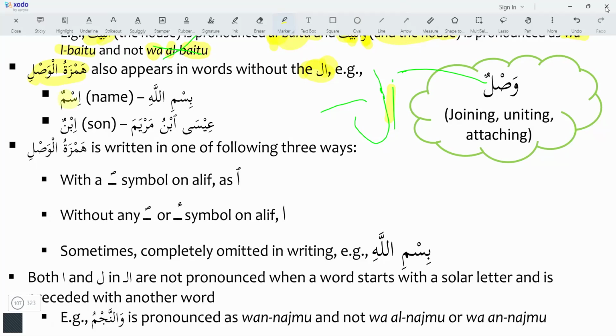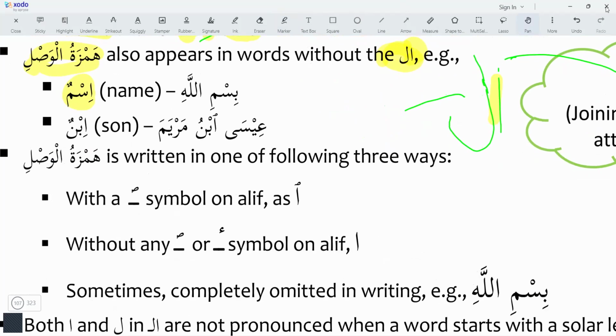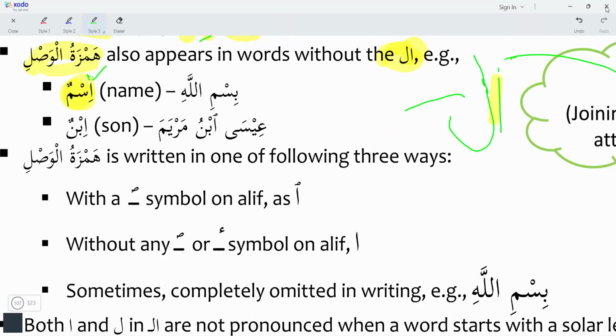Like ismun, name. In ismun, this Hamza is Hamzatul Wasal. If there is a word before this Hamza, then we will not pronounce this Hamza. Like there is an example, Bismillah.